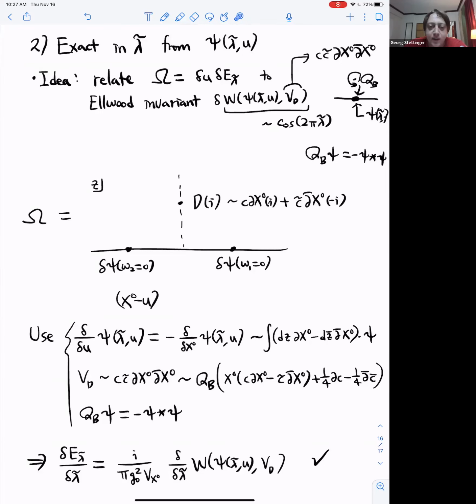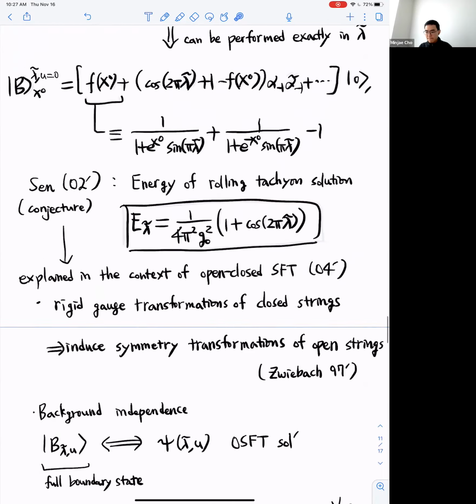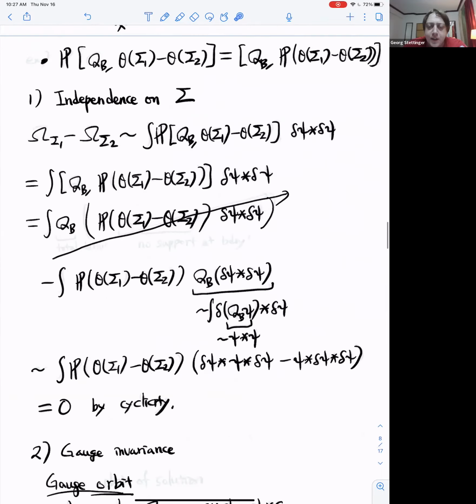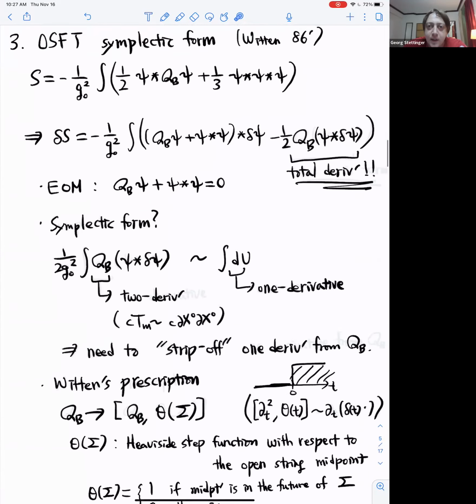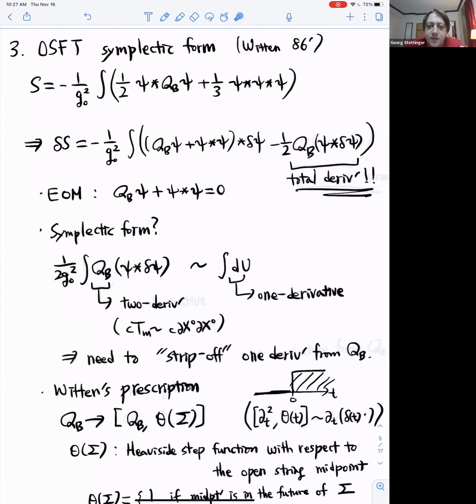Okay, so in the very beginning, in Witten's ansatz that you discussed, you introduced the boundary contribution coming from the kinetic part of the action. Is it so obvious that there is no contribution from the cubic term as well?